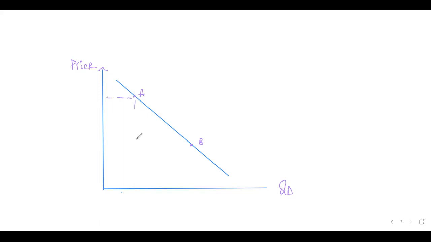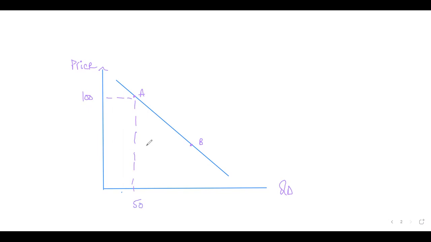Point A shows that at a higher price, say the price of each unit of the good was 100 rupees, you were consuming 50 units.